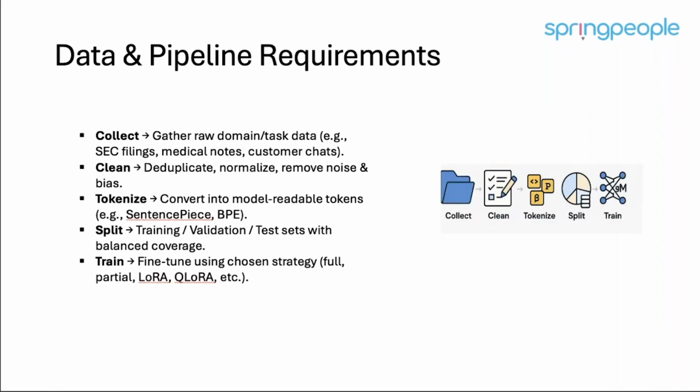Okay, now to do fine tuning, one of the bigger requirements is to have very good quality data. So it's important that you collect the right data, and you have to clean it really well. One of the problems is if you have too many duplicates, you are going to end up messing up this whole fine tuning process.